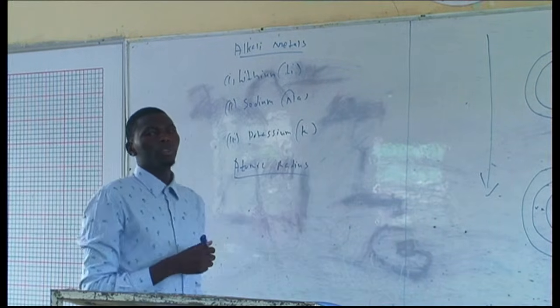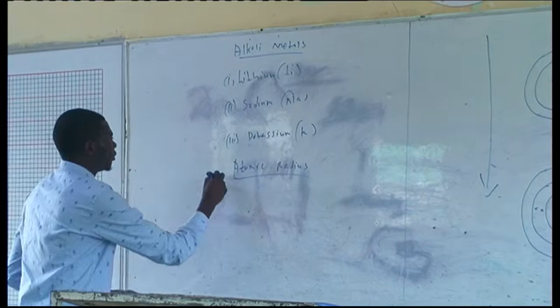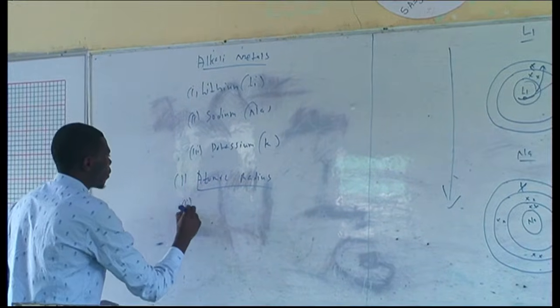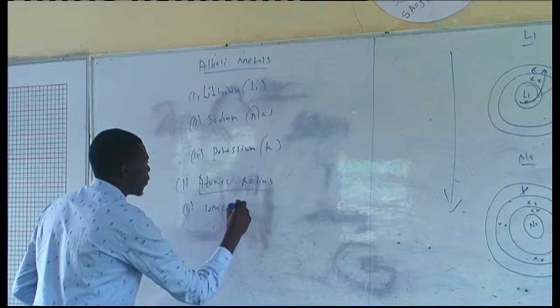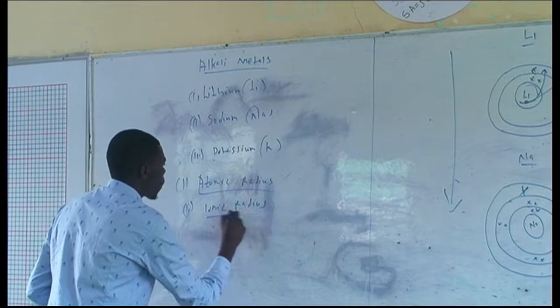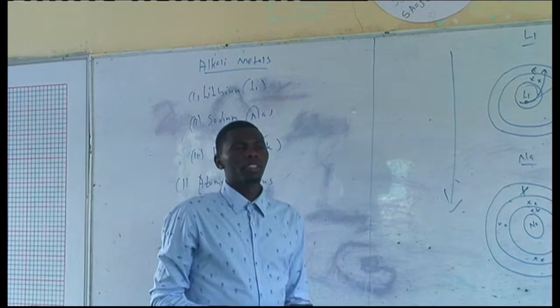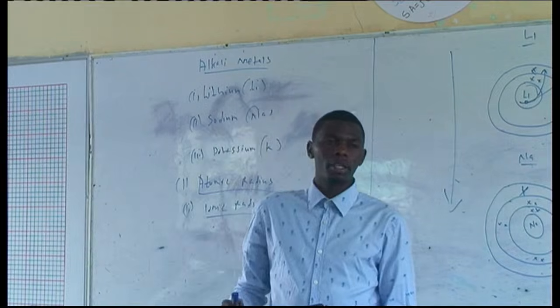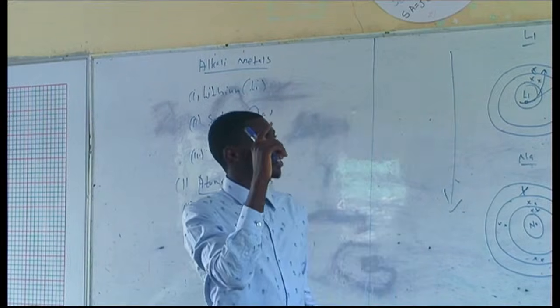We want to see what we call the ionic radius. In alkali metals, they react by losing only one electron.